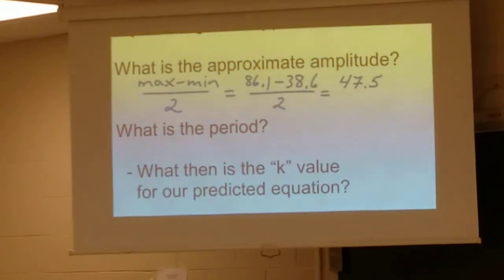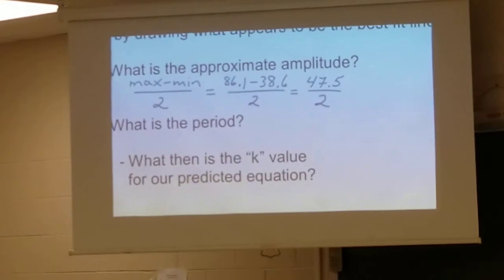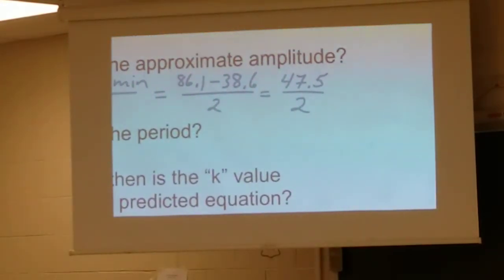When you get 47.5, that's the distance between the top and bottom of this graph. And if you take the distance between the top and bottom and cut it in half, that's another way to think about amplitude. So it makes good sense, and it's also correct. You get 23.75.